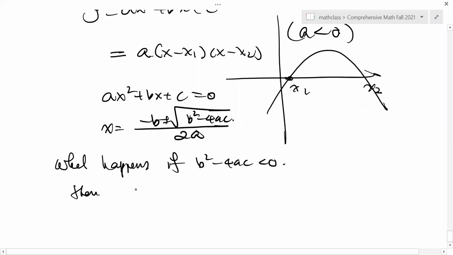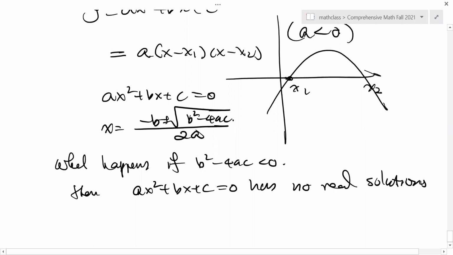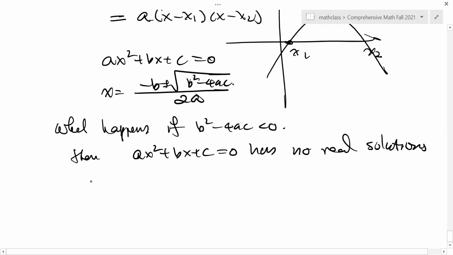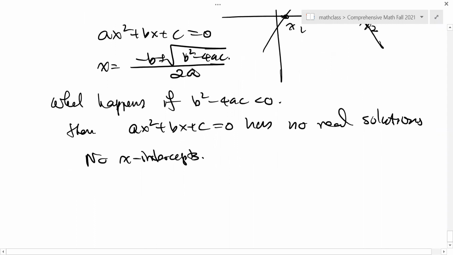Then ax squared plus bx plus c has no real solutions. So if you look at the graph, that means no x-intercepts. And that's possible. For example, this has no x-intercepts.